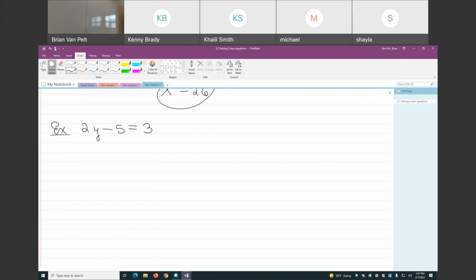You guys get 4? So the first thing was to add 5 and then divide by 2.